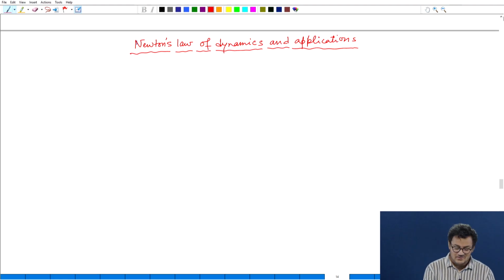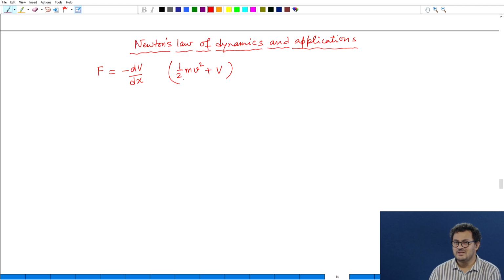Now, if we take the force to be of a very specific kind, where F can be written as minus the spatial derivative of a scalar function V, then the quantity half m v square plus V is a constant of motion in 1D.